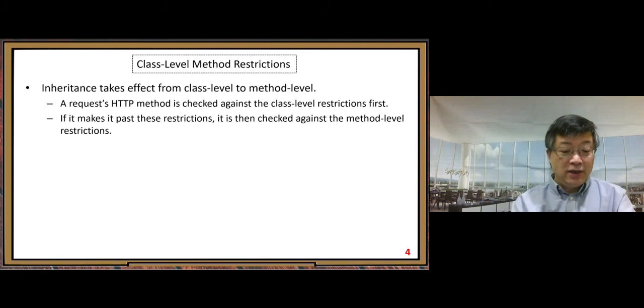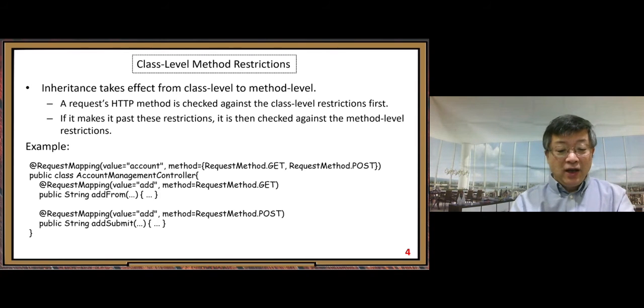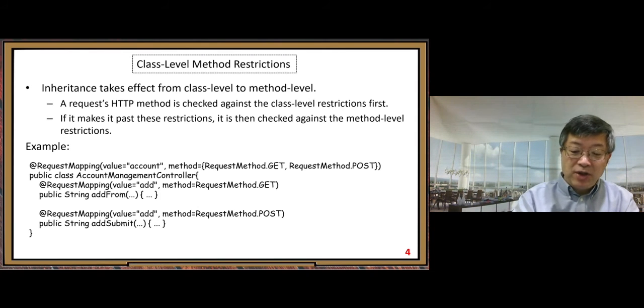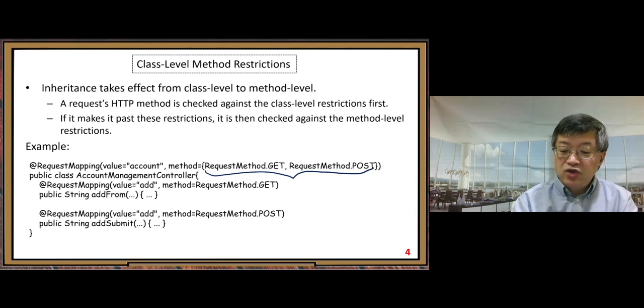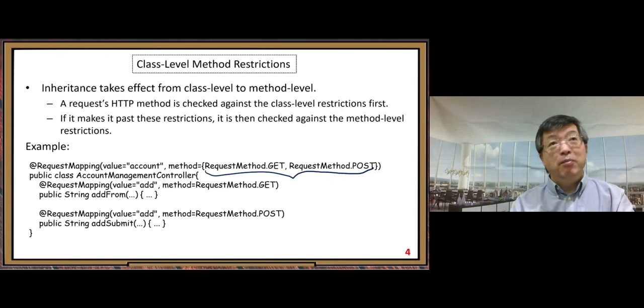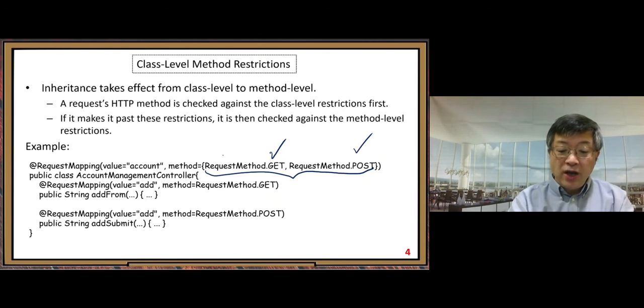Simple example. At class level, you can see we specify using curly braces, method equals an array of strings, because RequestMethod.GET and RequestMethod.POST are string constants. We use this notation for string constants, so you assign a string array to this method attribute.